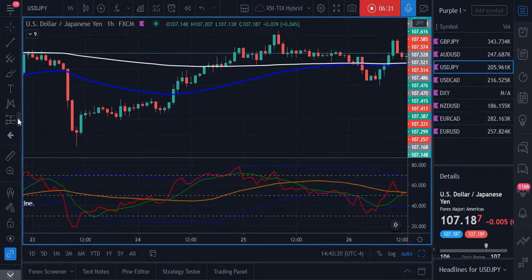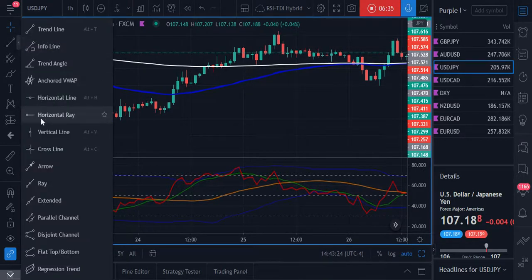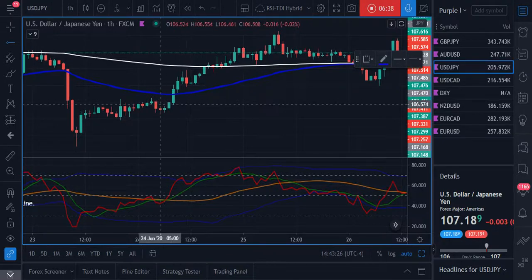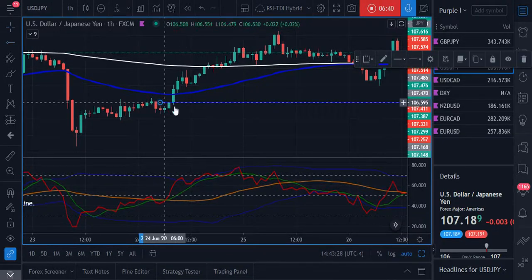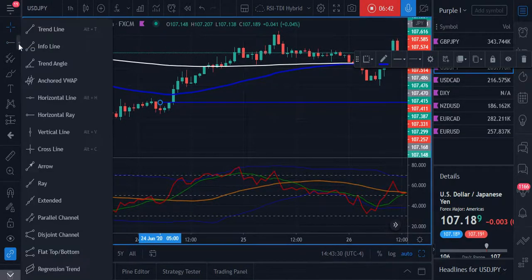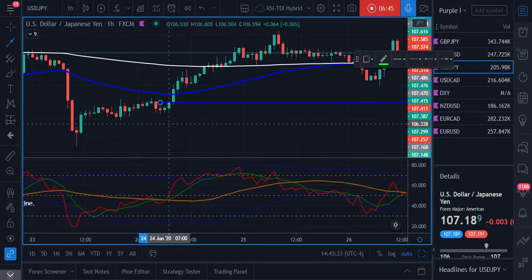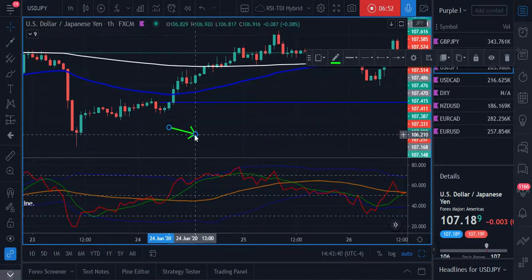So let me just get a line here, horizontal ray. What I'm saying is we'll buy here, but it's after the close of this candle. Oops, nope, don't want that to happen.